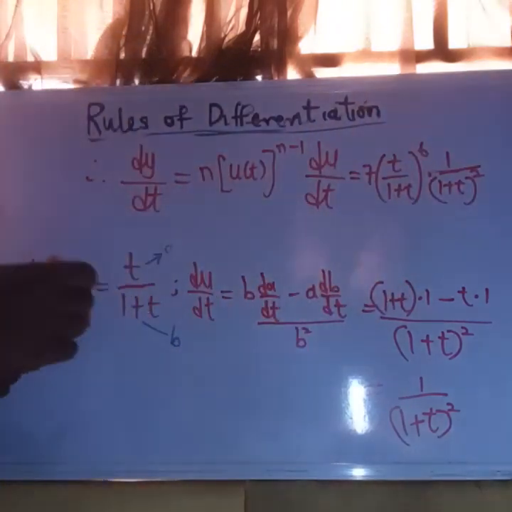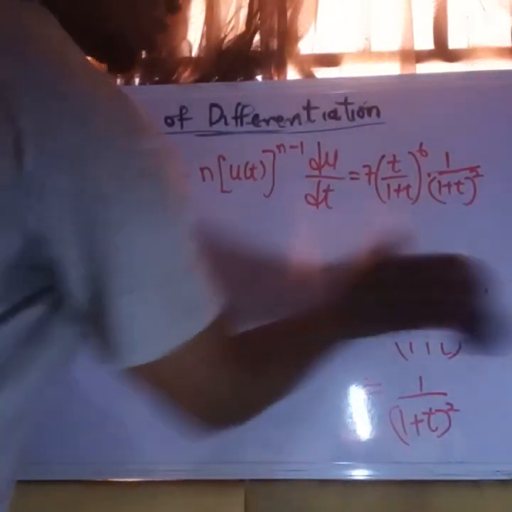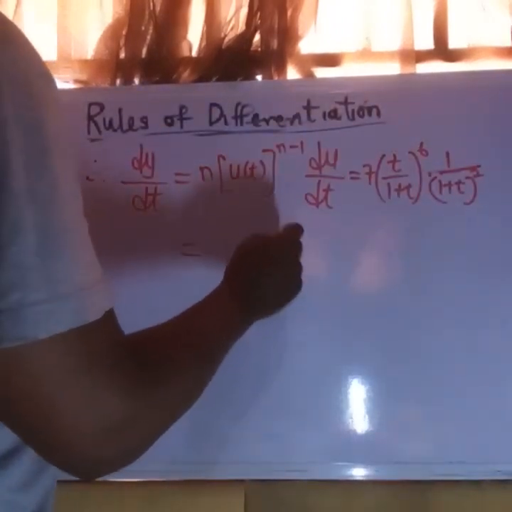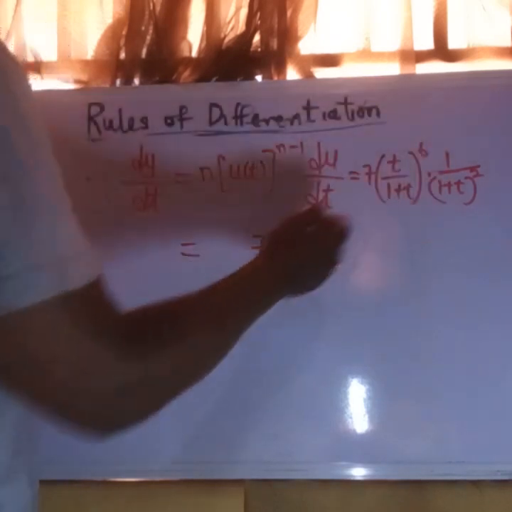I think this is okay now. You can simplify this further to have a more compact form. If you apply the law of indices, we see that this is 7t to the power 6 on the numerator, and the power also goes to the denominator.